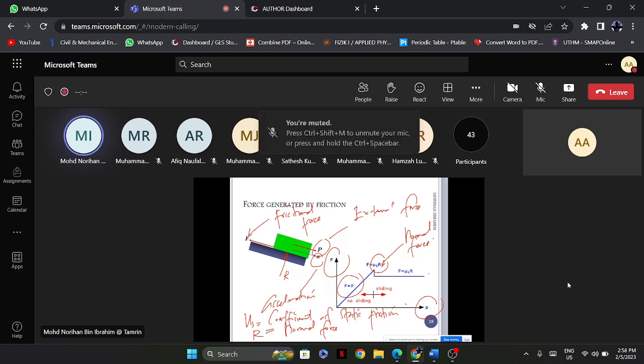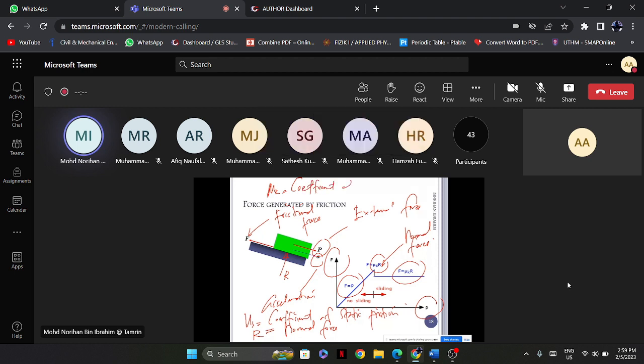When it slides, then we can use F is equal to mu K R. Mu K is the coefficient of kinetic friction.